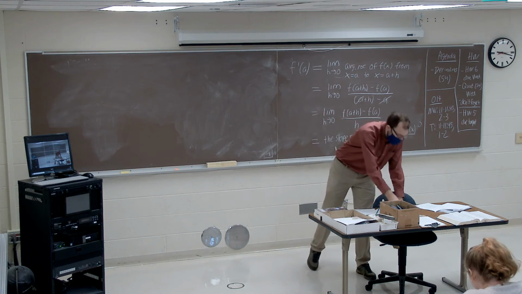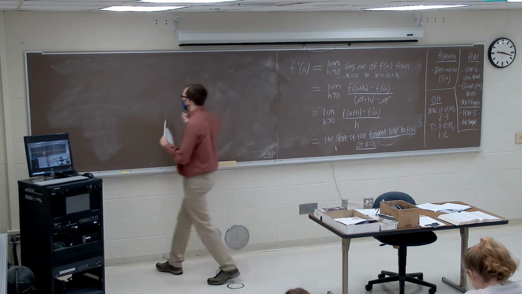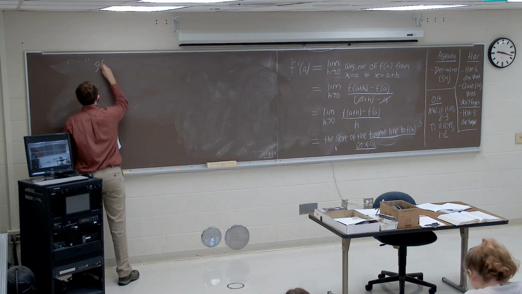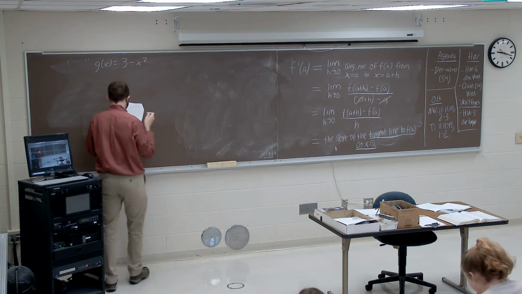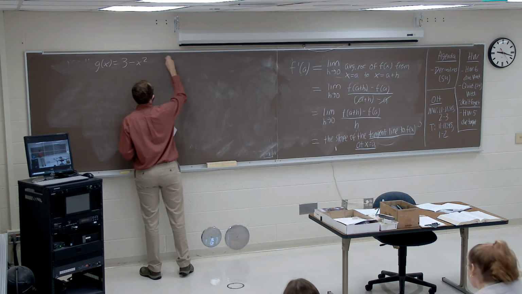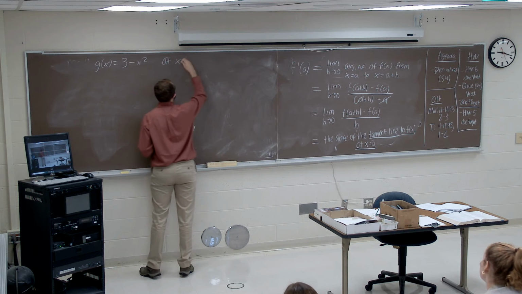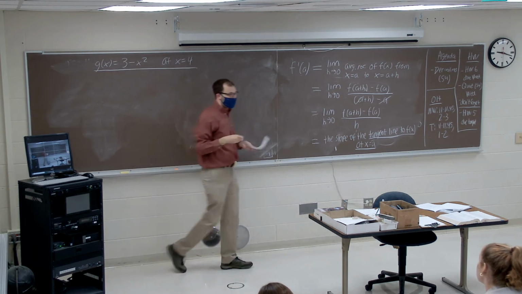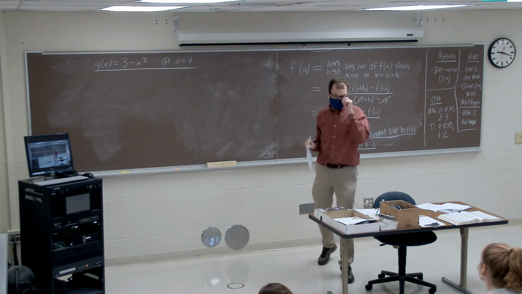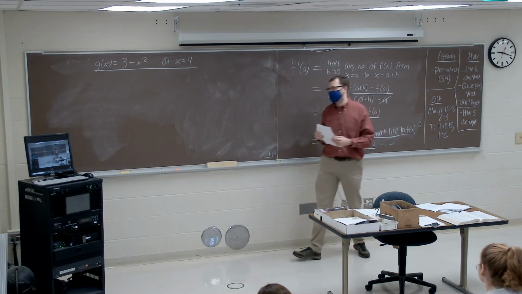So the next function I want to look at is going to be the function g of x equals 3 minus x squared. And I want to compute instantaneous rate of change of this function at x equals 4. At a single point, x equals 4.